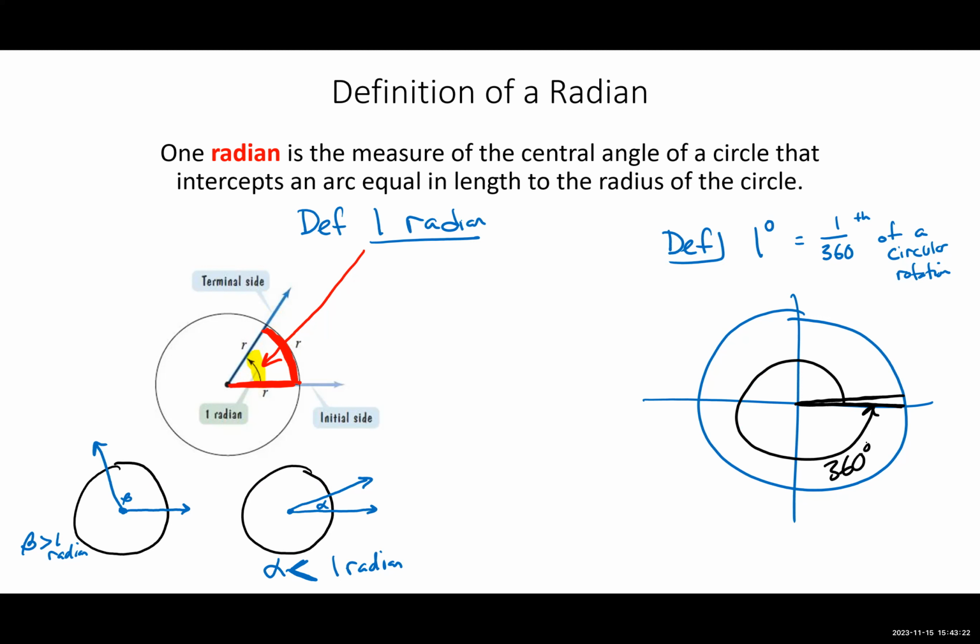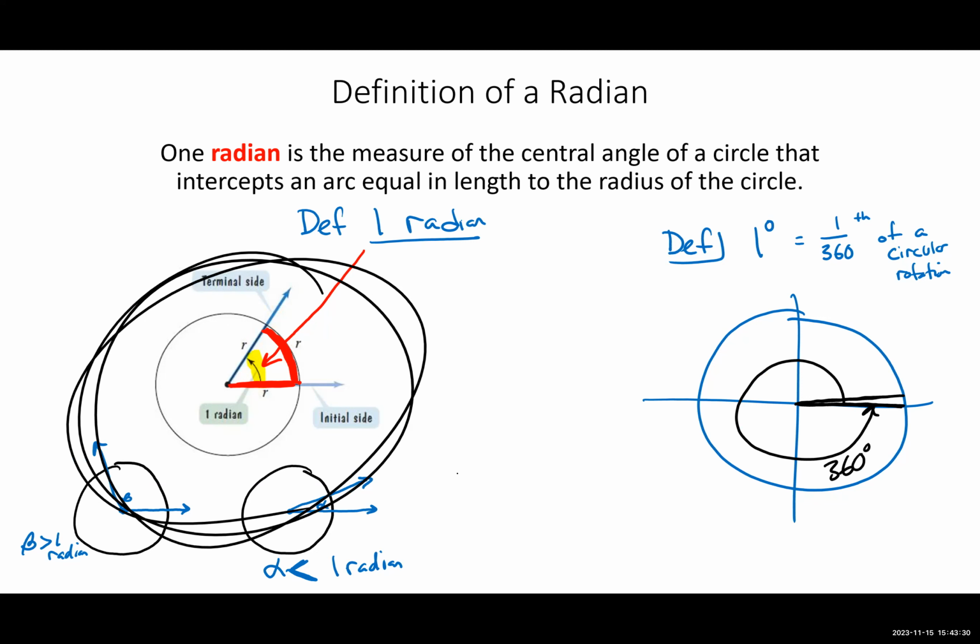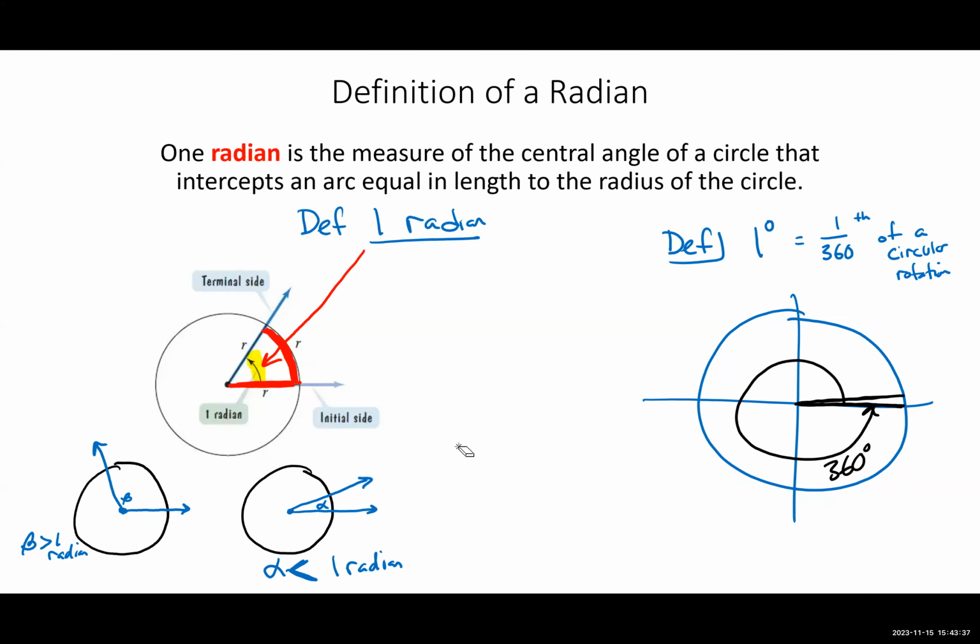But a full circle in radians is somewhere between 6 and 7. I'm just looking at this picture right here. If what I have here in red and yellow is 1 radian, to make the whole circle, it looks like it's a little more than 6, less than 7.